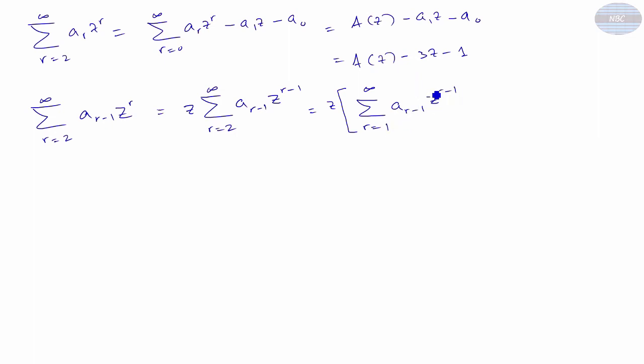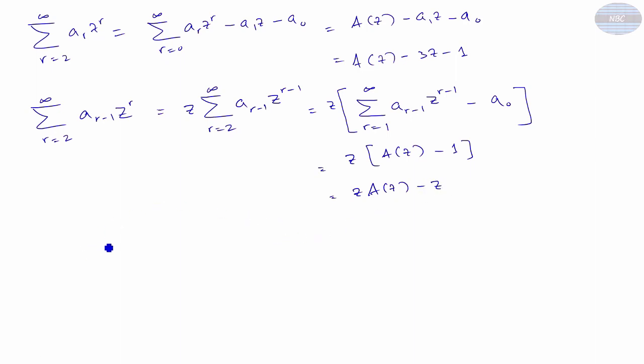If you take r is equal to 1 then the subscript of a will start from 0, and since we have taken a0 as extra, I have to subtract it. So the above term can be simplified as A(z), that's the generating function, then a0 is 1, that is the boundary condition, so it can be written as z into A(z) minus z. Okay, so this is the second term.